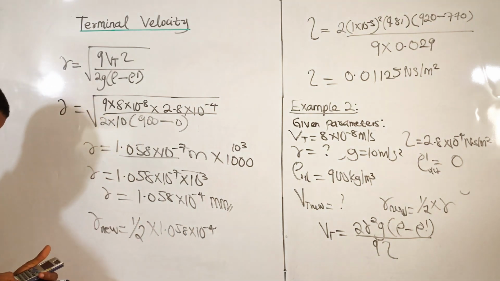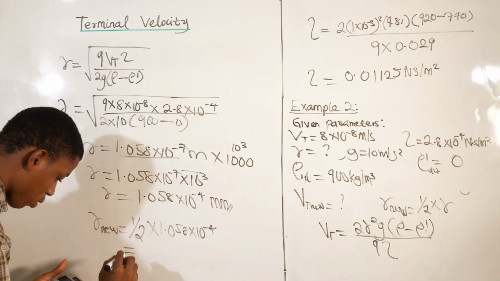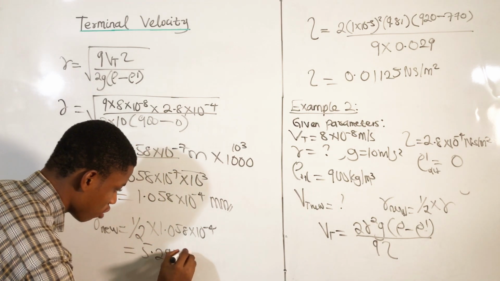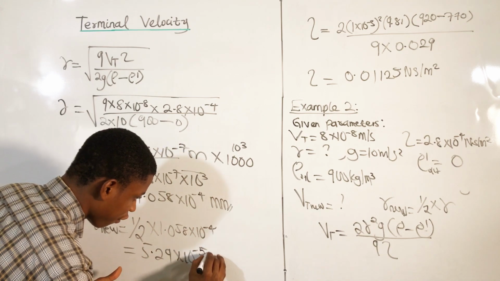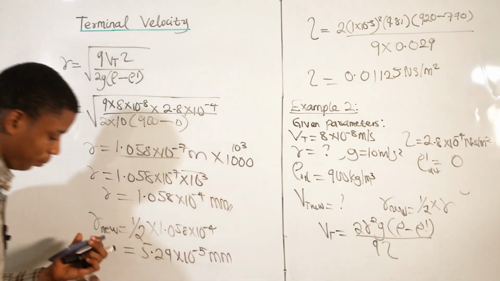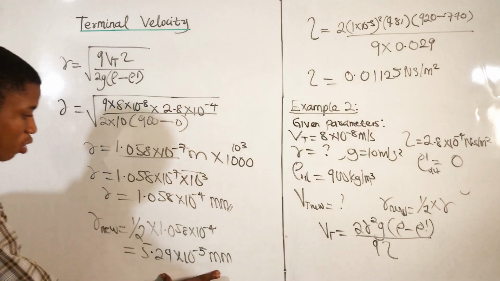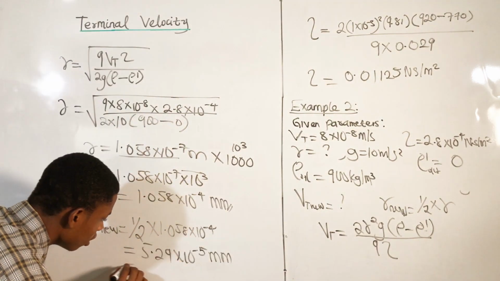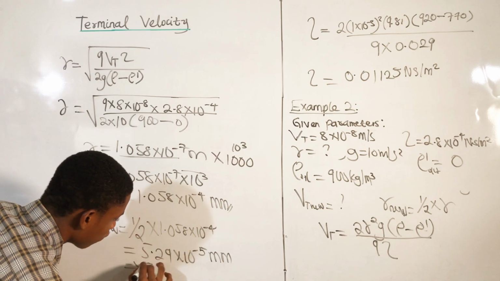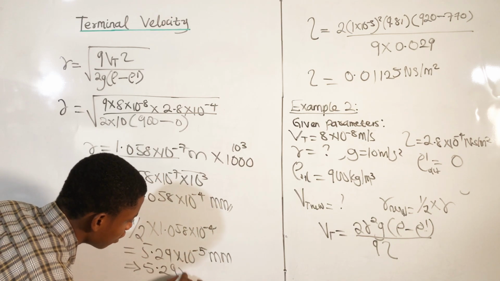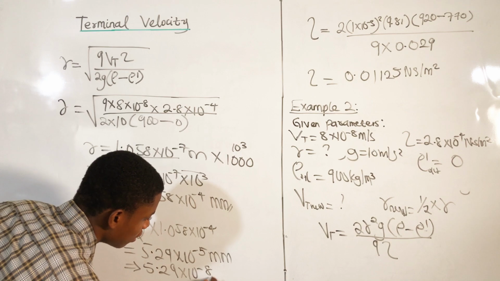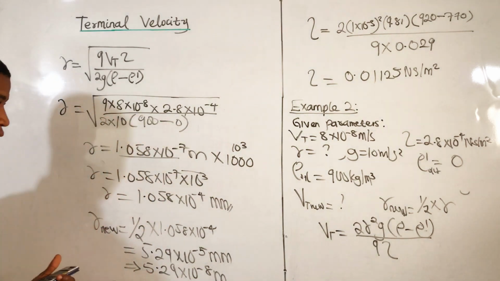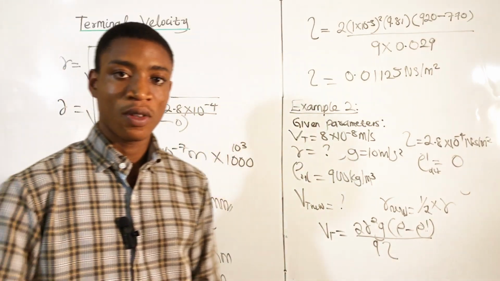So if you do that, the new radius is 5.29 times 10 raised to the power negative 5 millimeters. So please, this is the new radius of the ball. But now take note, when we change it in terms of meters, it becomes 5.29 times 10 raised to the power negative 8 meters. So that's what we're going to use to calculate the new terminal velocity.